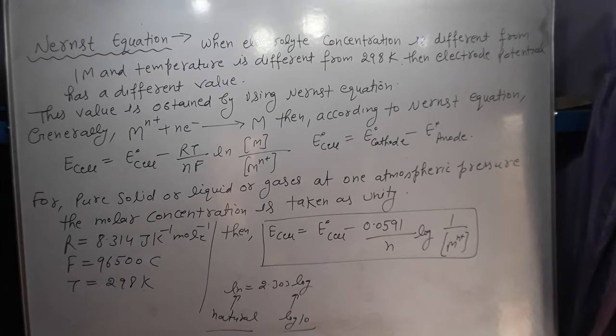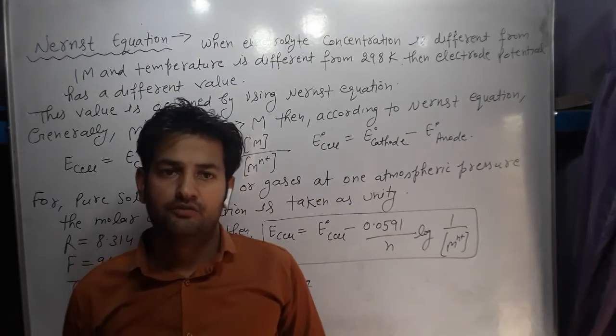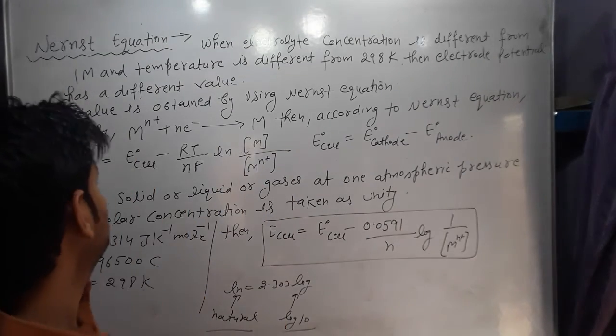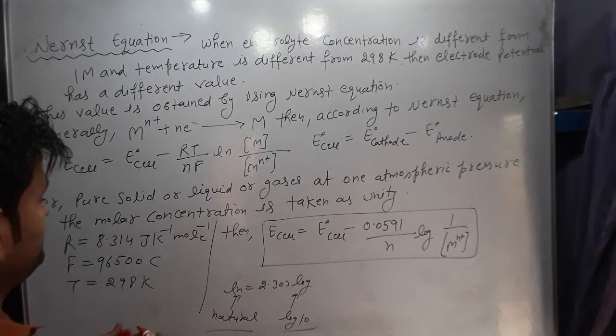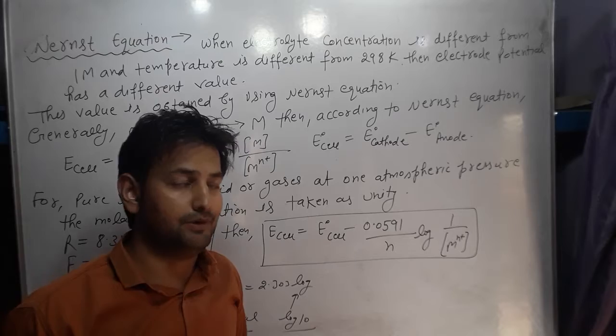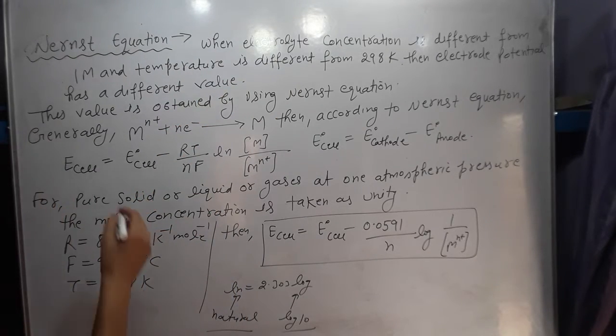Okay students, our next topic is the Nernst equation, and it is very important. So let's start. First of all, what is the Nernst equation and where is it applied?